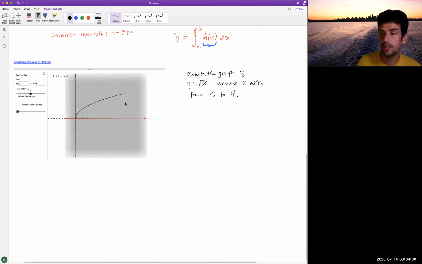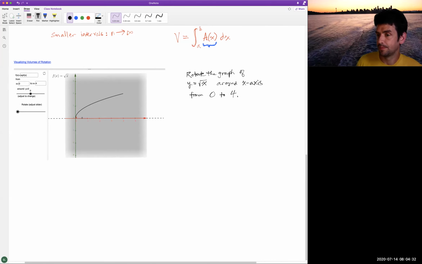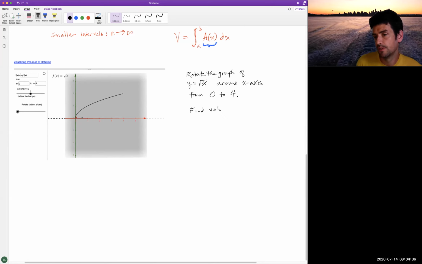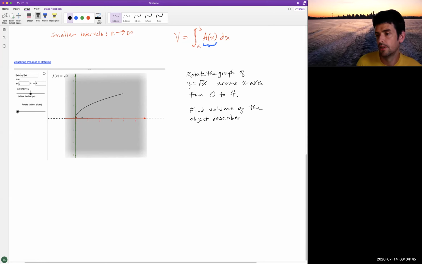And we're going to find the volume of the object described above.